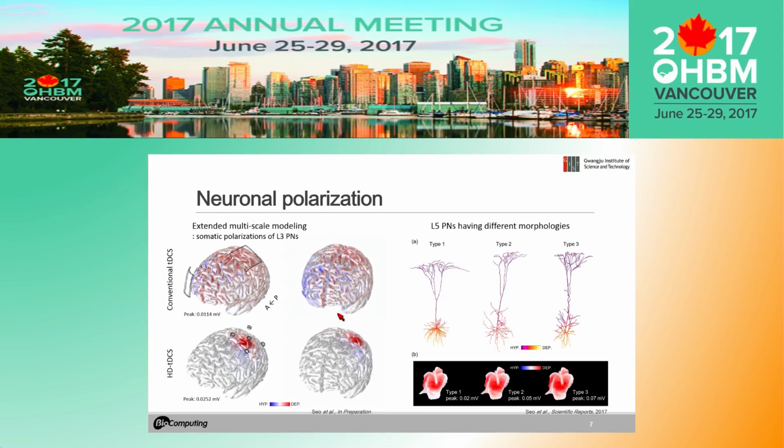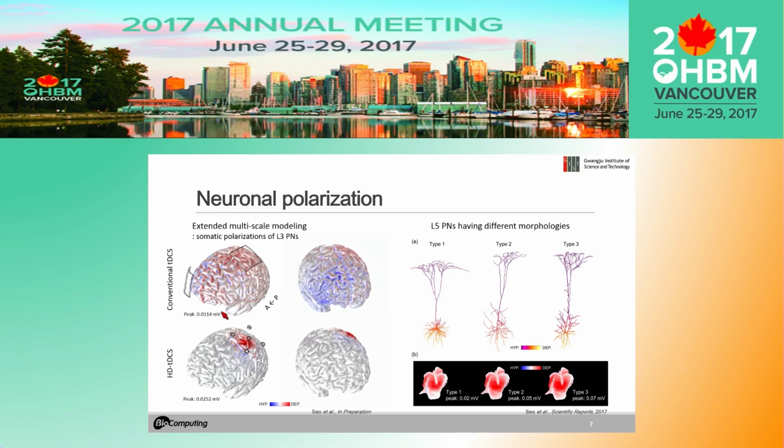Since the effect of tDCS is not restricted to the target area, especially for conventional tDCS, which induces a diffuse electric field, we extended the multi-scale modeling to cover all areas of the cortex. In this case, we only constructed layer 3 pyramidal neurons, since it is hard to find and fix the direction of the axon of layer 5 pyramidal neurons.